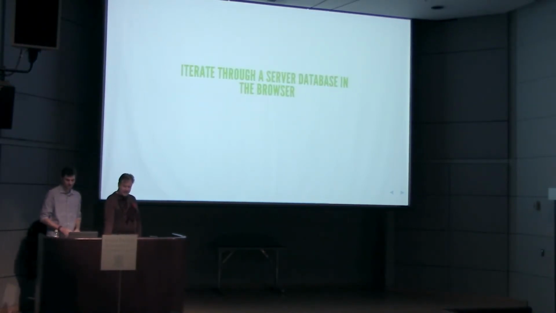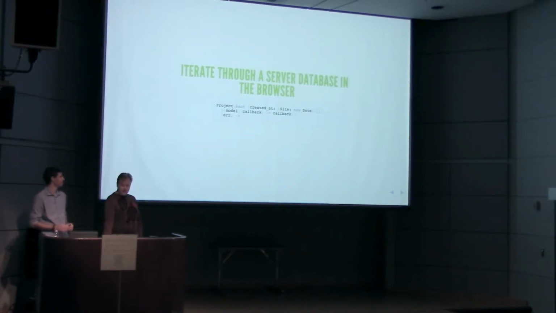One thing that's pretty cool is that you can iterate through a server database on the client. There's a few different APIs we've added: each, interval, and the stream API, which is a solution in search of a problem. Basically, we'll fetch in batches from the server, and then you process them on the client.